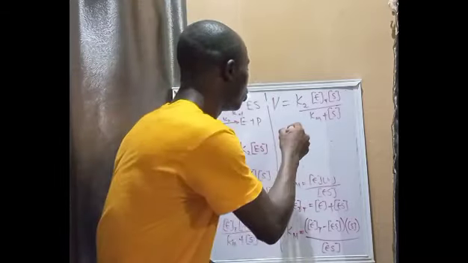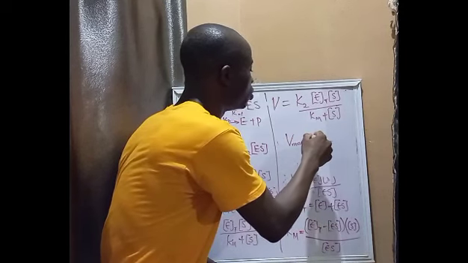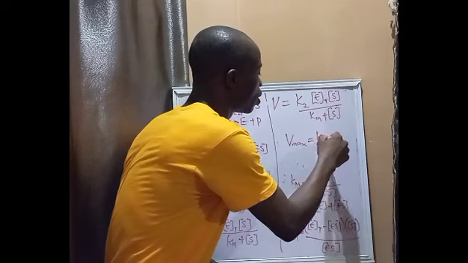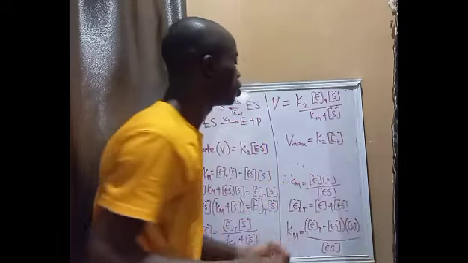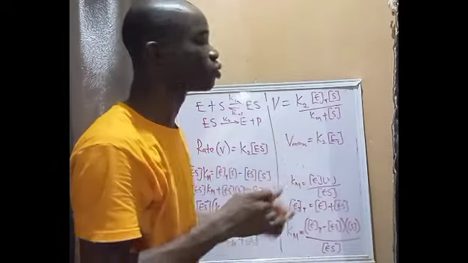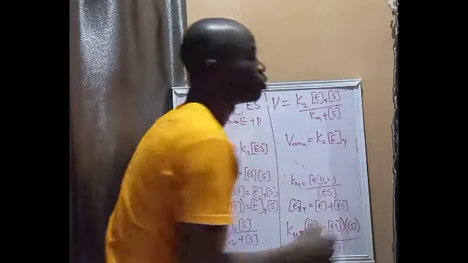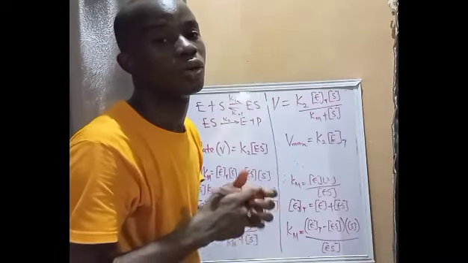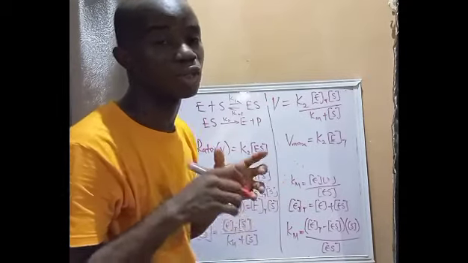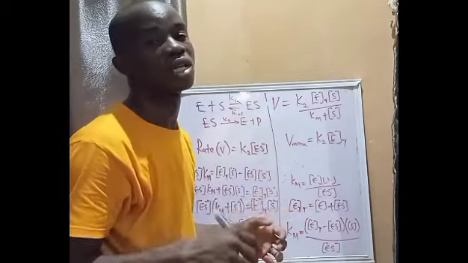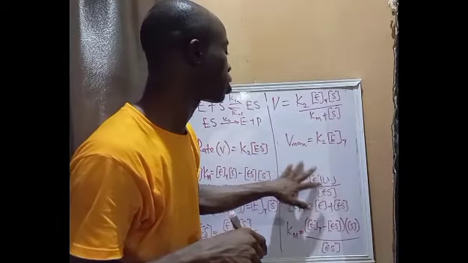So in a way, Vmax will be equal to K2 times the total enzyme this time. The Vmax appears when you have the total enzyme already bound to the substrate. All the enzyme will have been bound to a substrate, and that's where you have the maximum velocity.